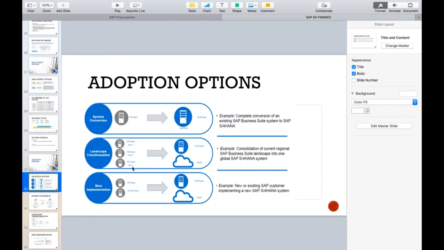Some of the clients are more interested in S4 central finance as a first step, but eventually they want to move 100% to S4 HANA Finance. They don't want to jump into S4 HANA Finance immediately on day one. So it's an intermediate approach we are suggesting to them, and they are absolutely fine with that too. Right.